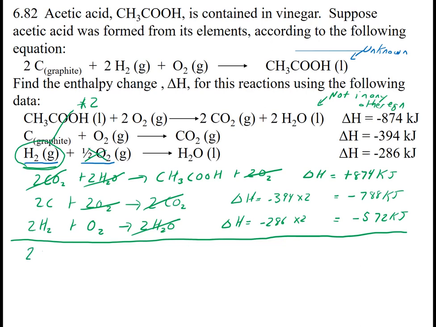So I have 2 carbons plus 2 hydrogens plus 2 oxygens goes to form CH3COOH. That's gone, that's gone, that's gone, so there's nothing else on the product side. So now I want to look: 2 carbons, 2 carbons, 2 hydrogens, 2 hydrogens, and, did I make a mistake again?